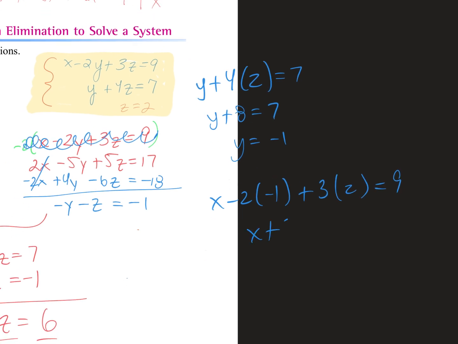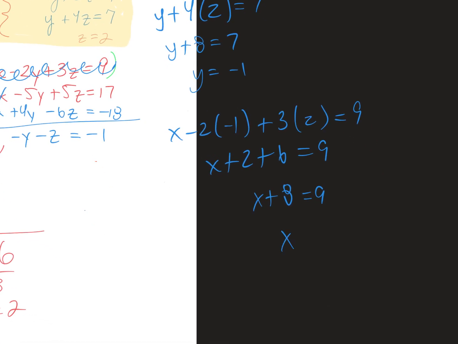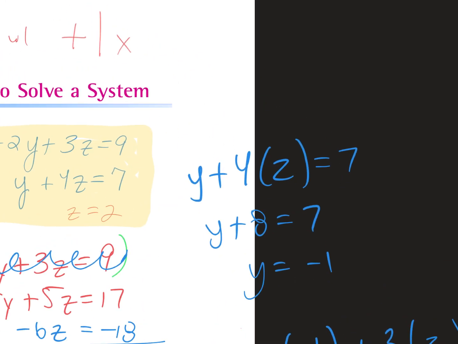So x plus 2 plus 6 equals 9. X plus 8 equals 9. What does x equal? 1. So your ordered triple is x is 1, y was negative 1, and z was 2. That's the second part of your answer.